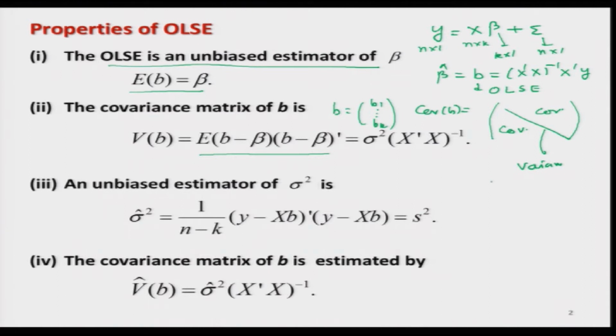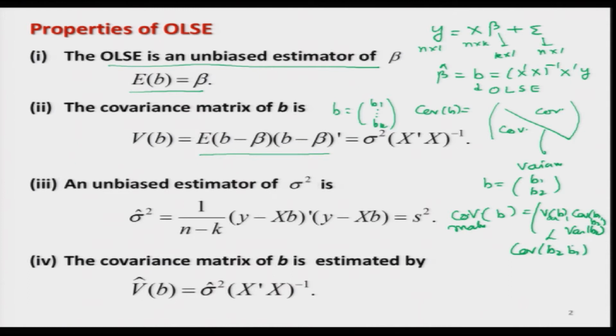So suppose I have B equal to B1, B2, then the covariance matrix of B is going to be something like this. On the diagonal you will have the variance of B1 and the variance of B2, and the off-diagonal elements will be the covariance between B1 and B2, and here also the covariance between B2 and B1. So this is how we obtain the covariance matrix of an estimator.